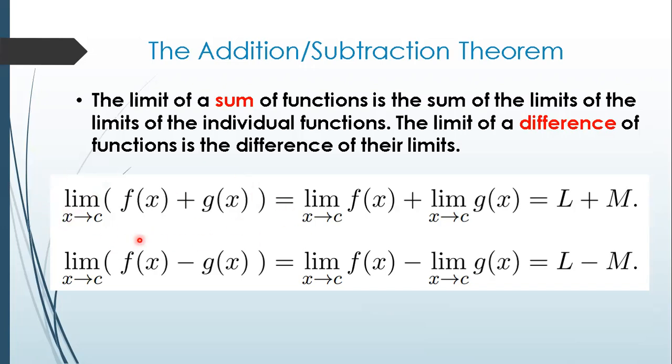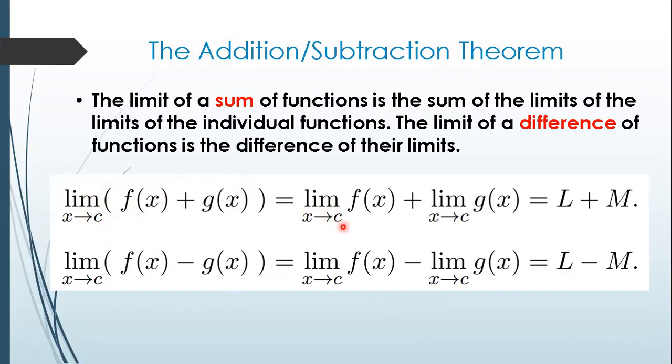So this one is the addition or the sum, and then this is the subtraction theorem, the second one. Let's observe first the addition theorem. The limit of the quantity f of x plus g of x as x approaches c is just equal to, we're going to distribute the limit to each function.